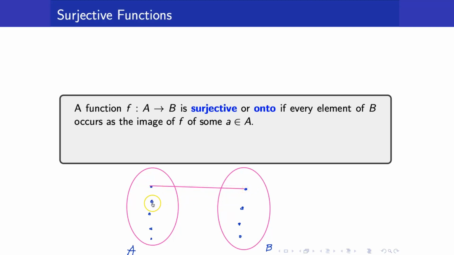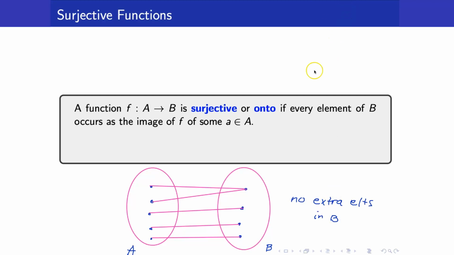So it's possible to have this one, that one, this one, this one, and this one. In other words, there are no extra elements in B. So we cannot have something like this, like that. We cannot have that because we want the function to be surjective.